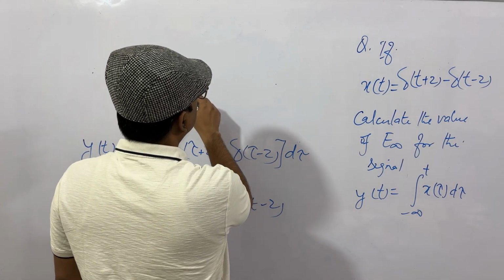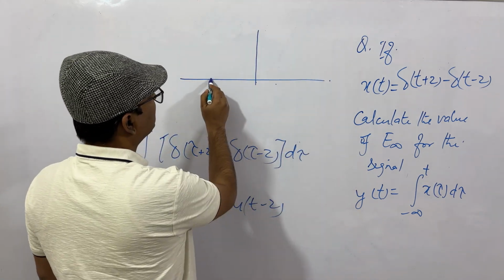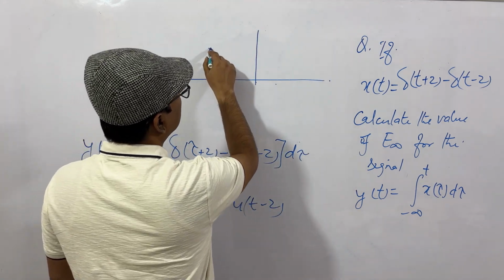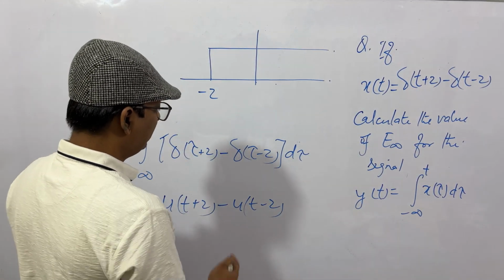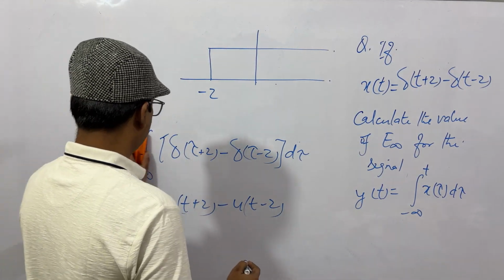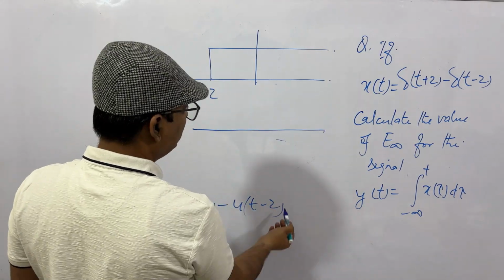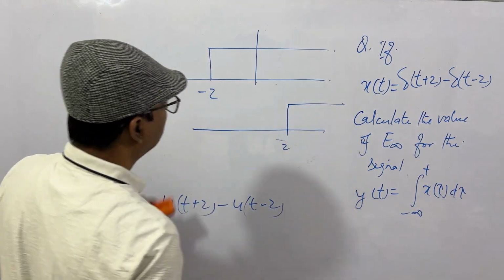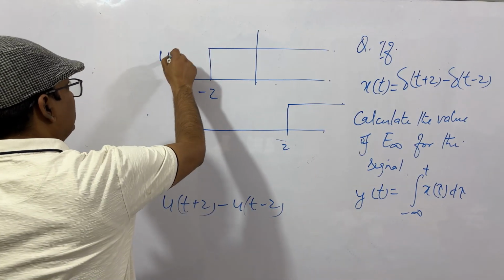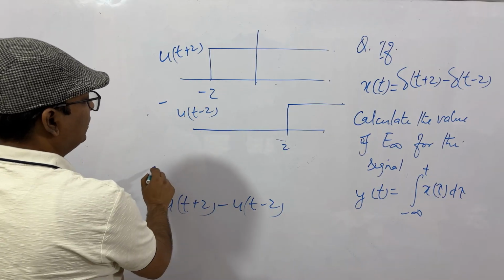What is this function, u(t + 2) − u(t − 2)? I am drawing a figure. t + 2 means it starts from minus 2, so from minus 2 it is this function. This is u(t + 2), minus another function that is u(t − 2). So if this is 2, it is like this. If you subtract u(t − 2) from u(t + 2), what will you get?